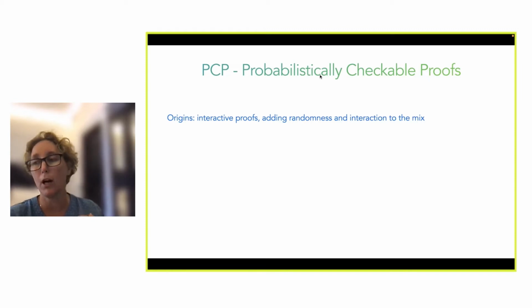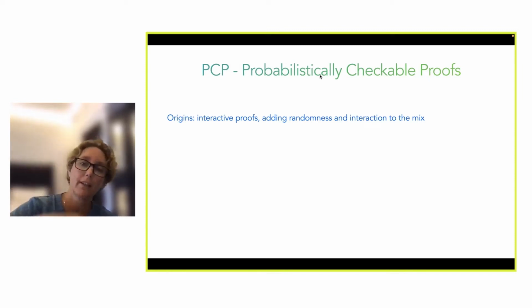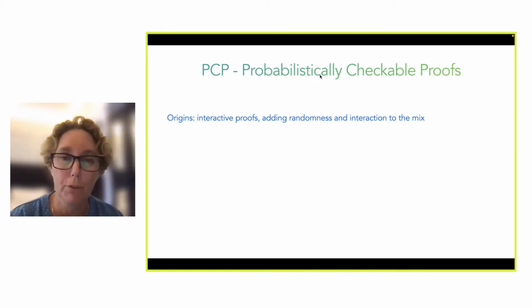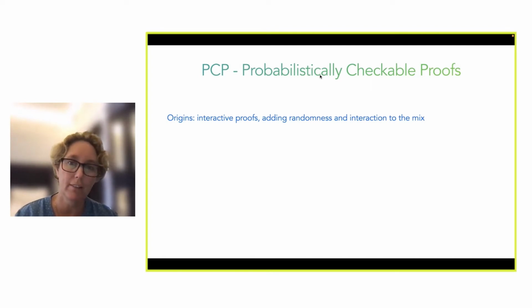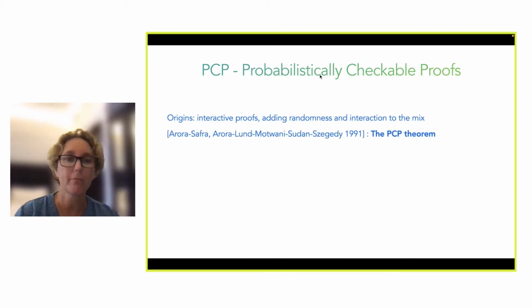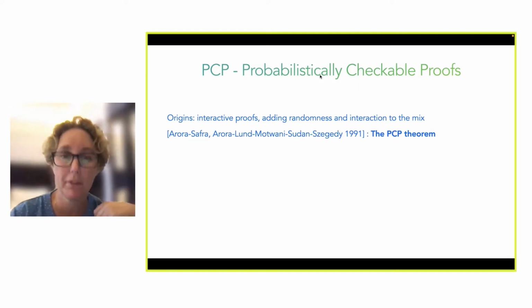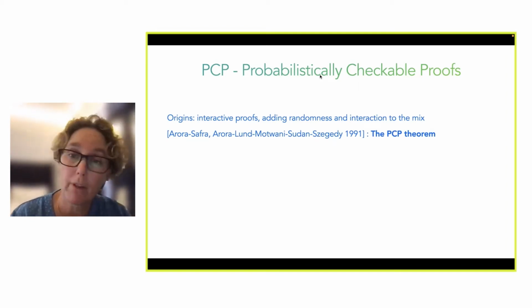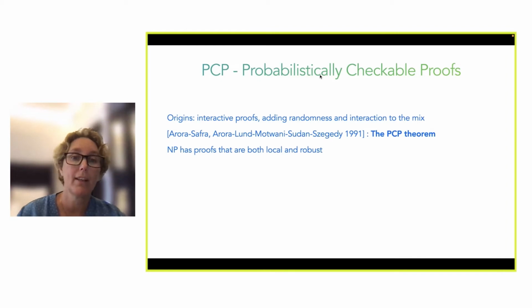I want to prove something to Bob, and Bob asks me questions, and I give answers. So there is interaction. And also there is randomness. Randomness turns out to be crucial for cryptography. Various models were suggested, and suddenly people realized that with this extra randomness, many powerful things emerge. And that's the origins of the PCP theorem that was proven more than 30 years ago.